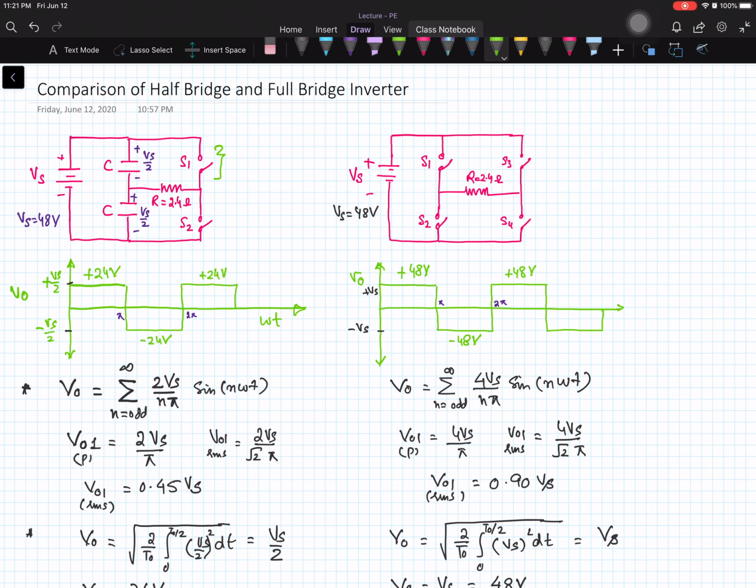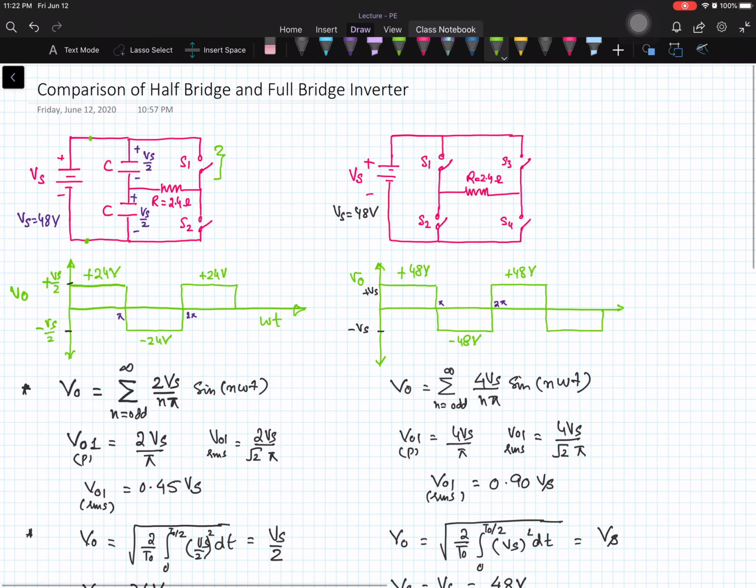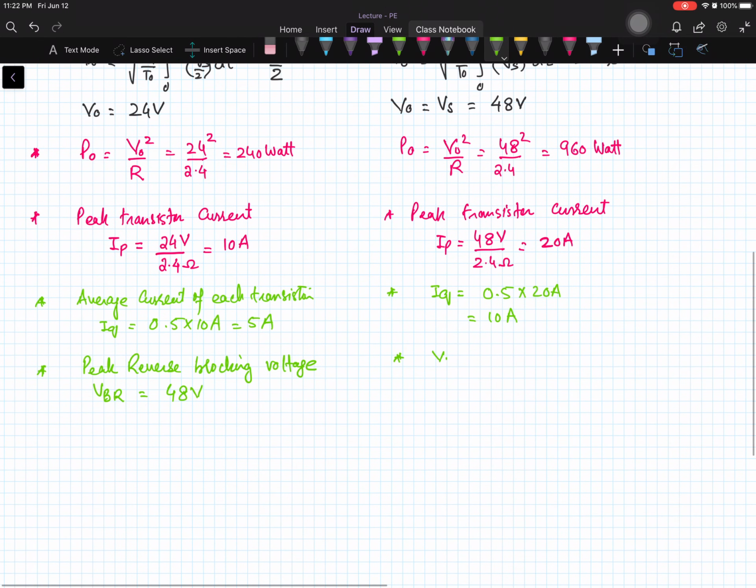But in the worst case, this full supply voltage can appear across the switch when it is in the off state, and it will have to block this supply voltage. So the VBR rating for the switches is 48 volt, and the same is the case for the full bridge inverter: each switch at the maximum can have 48 volt and will have to block that voltage. So VBR for the full bridge inverter and the half bridge inverter is the same, 48 volt.